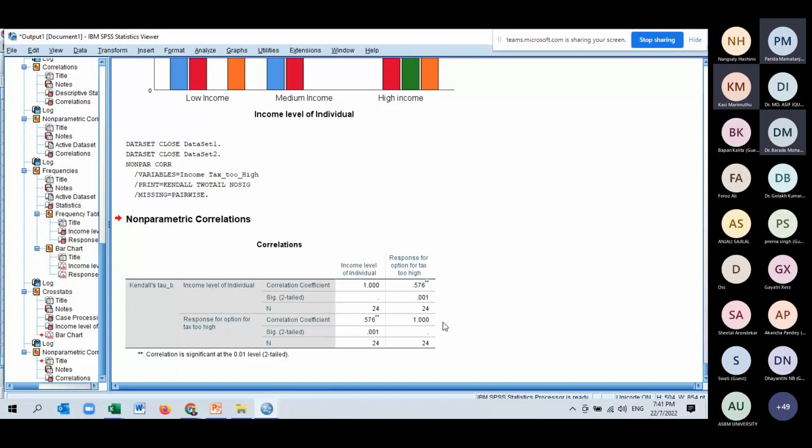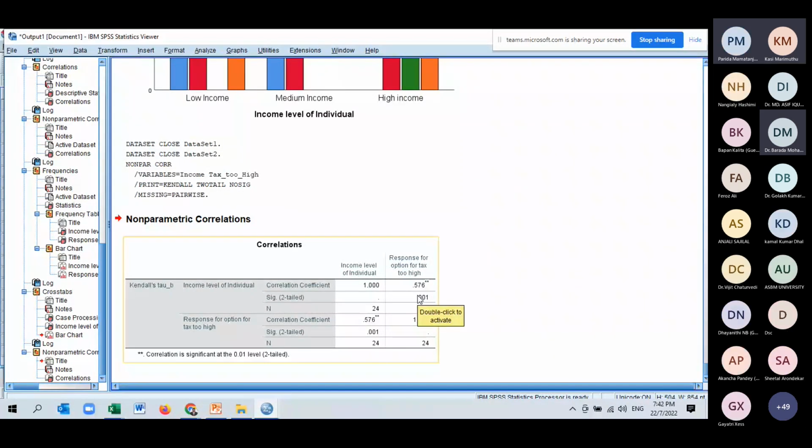Fantastic. Moderate, not a very strong relationship. Around 57.6% of the paired responses: as income increases, the tax burden of the people also increases. The result is also statistically significant. It's moderate.